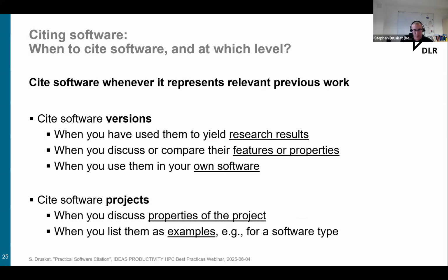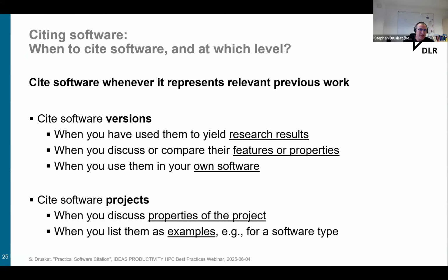Right, questions. So, when to cite software and at which level? My answer to this question would be: cite software whenever it represents relevant previous work to what you're doing. There is a case for citing software versions, and that's whenever you've used software to get to your research results, or when you discuss or compare software and the different features or properties, and also when you use them in your own software.